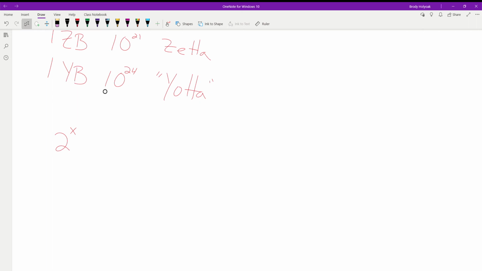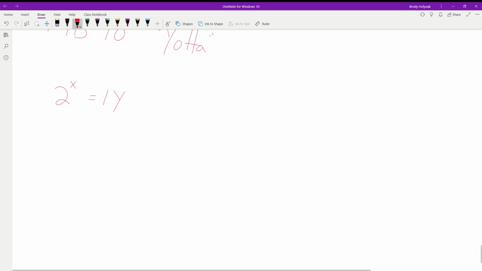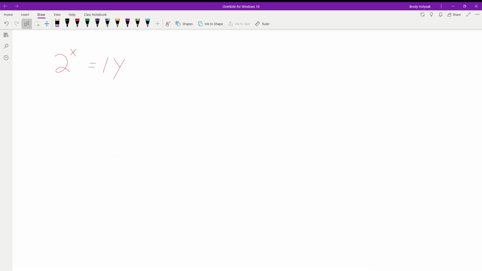So a 1 with 24 zeros. How do I solve for this value? You use logs. So this is the application of why we're learning it, because we want to solve to get to a yottabyte. So we take the log of both sides. So log base 2 of 1 yotta is equal to x, the number of periods that we have to have happen to get to that point.